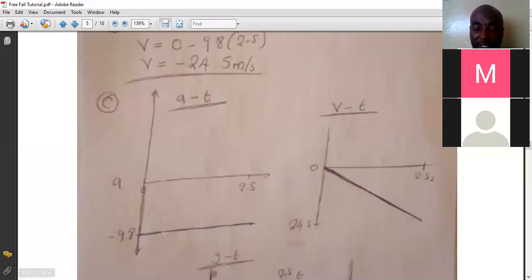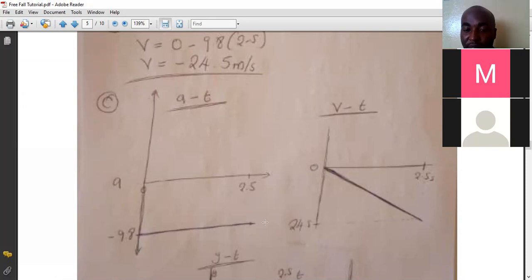Then you draw a straight line parallel to the x-axis. That's all for the acceleration time graph. It shows that the acceleration is constant throughout. For any type of motion, you just put the times from the question and then you plot like that.